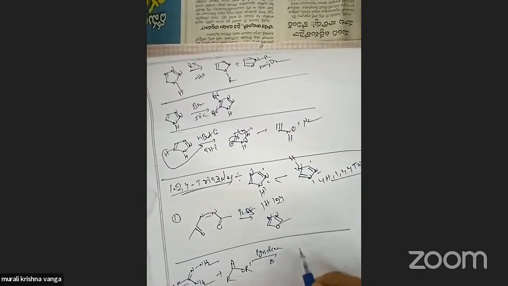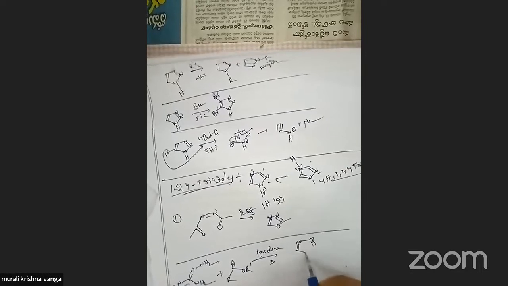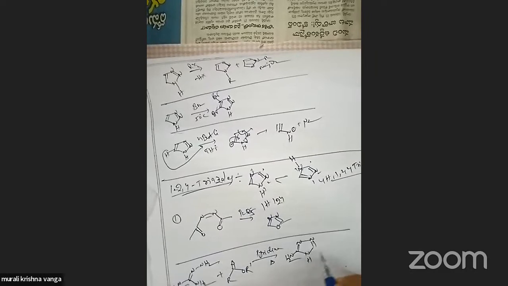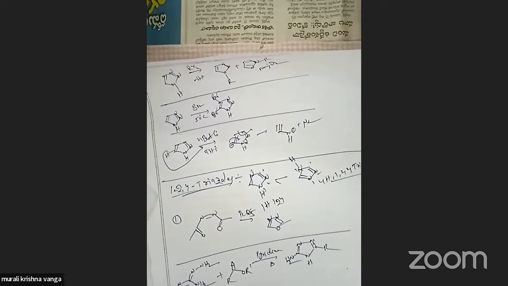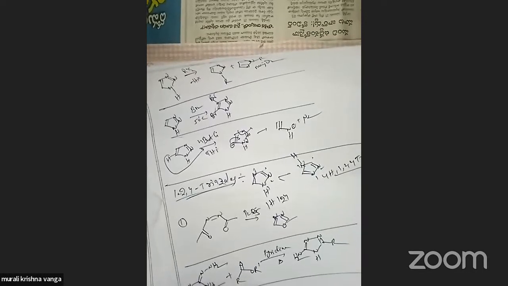Upon heating, N double bond NH2 R is the product. Simply, formation takes place in substitution reactions.